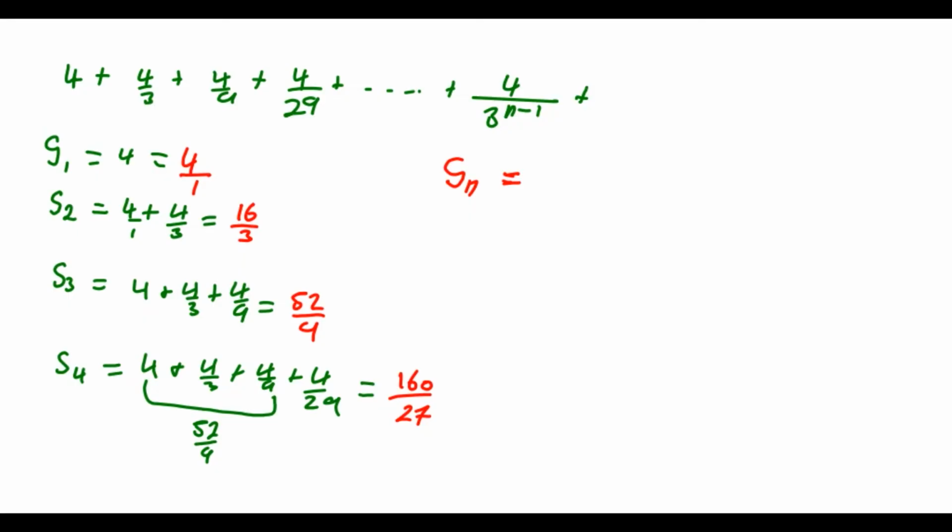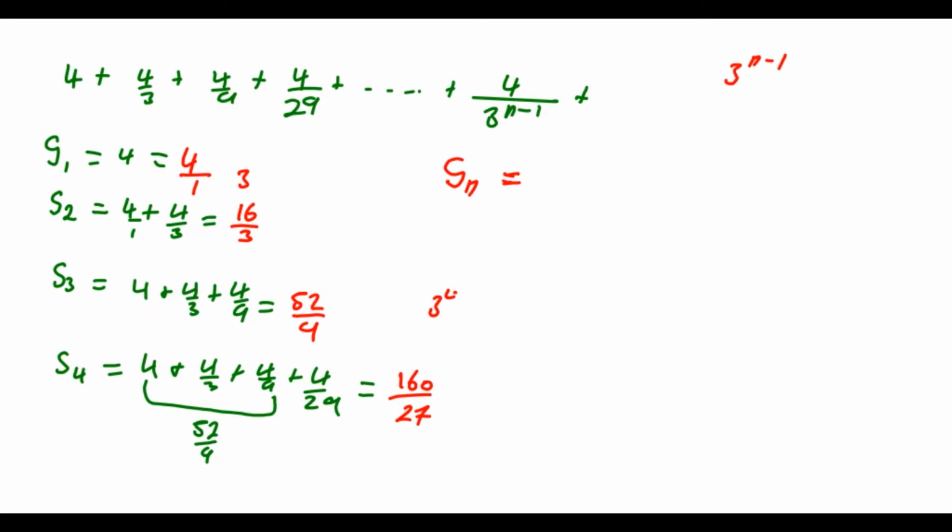Since this is a 1, it's obvious that it is going to be 3 to the power 0. So maybe I would have 3 to the power n minus 1. That would work out because, for example, if you look at this 27 here, here is s sub 4, so your n is 4.